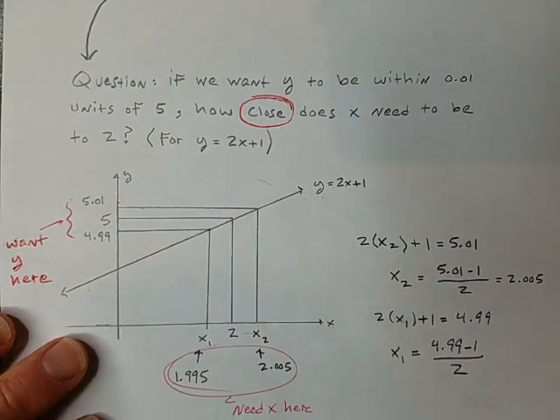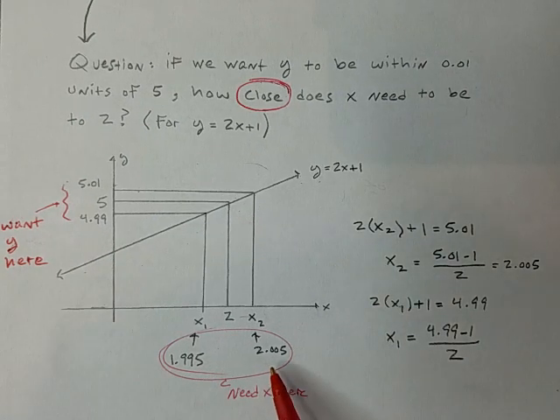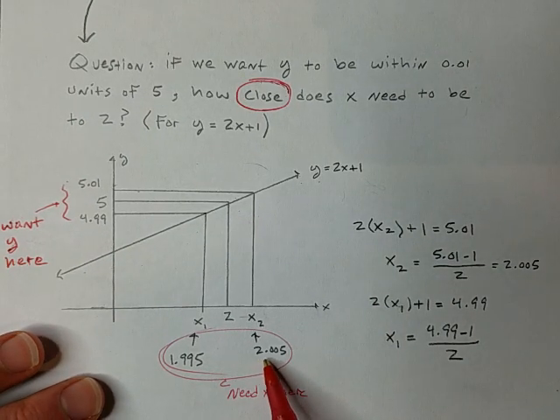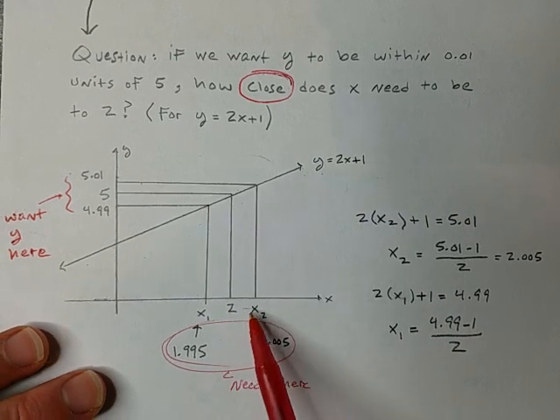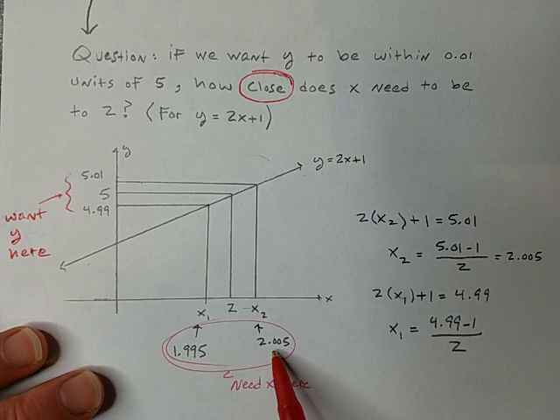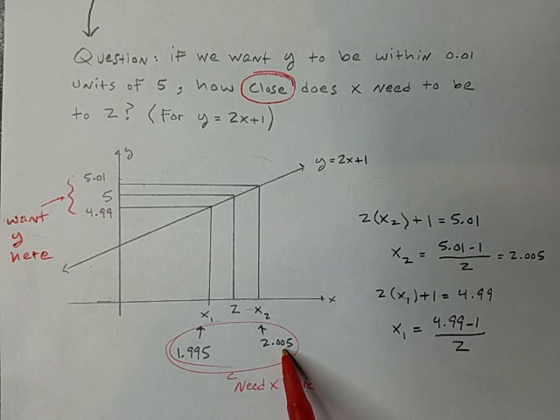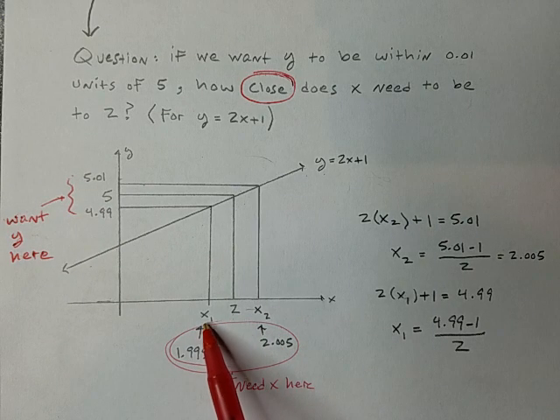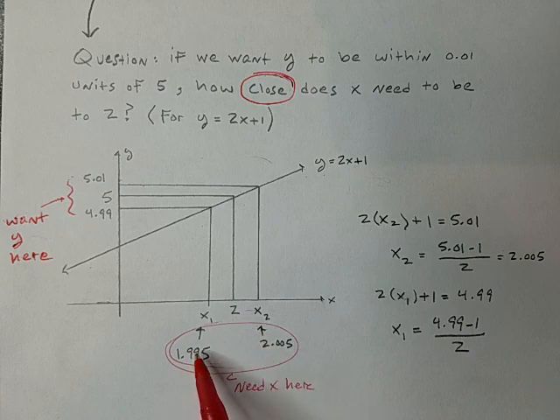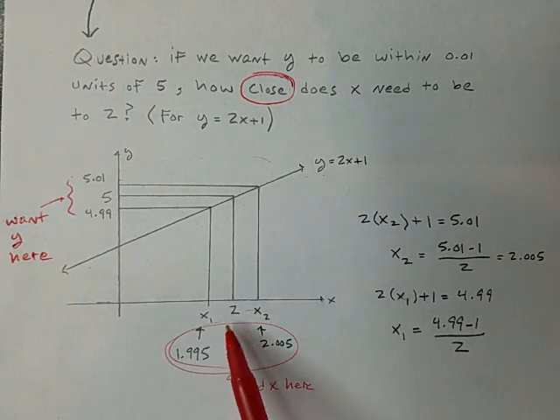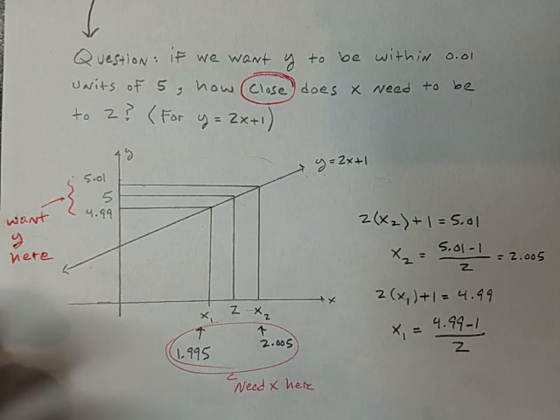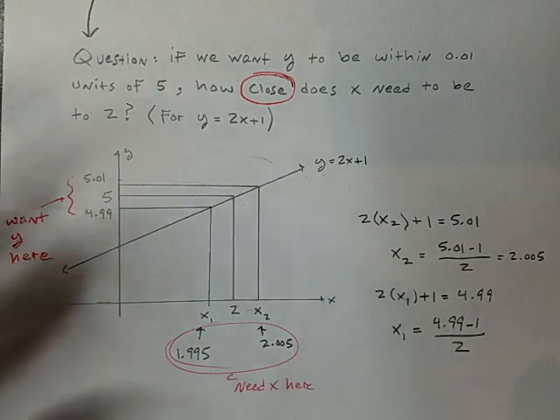Well, I need to choose x within 0.005 of 2, right? How far is this right-hand endpoint from 2? 0.005. How far is this left-hand endpoint from 2? 0.005, so 2 minus 1.995. So let's write our answer in those terms.